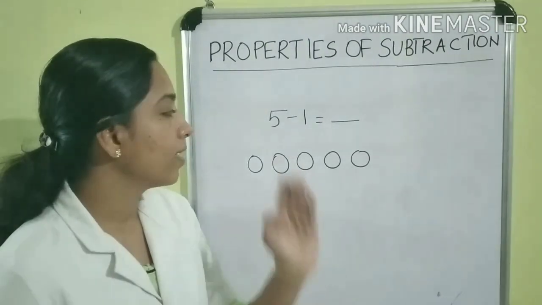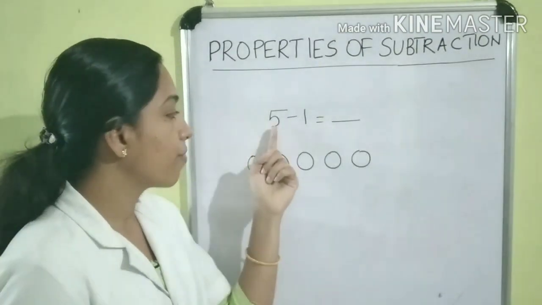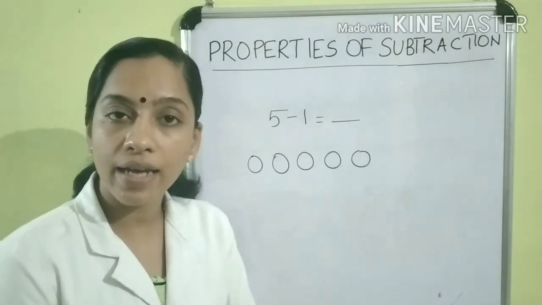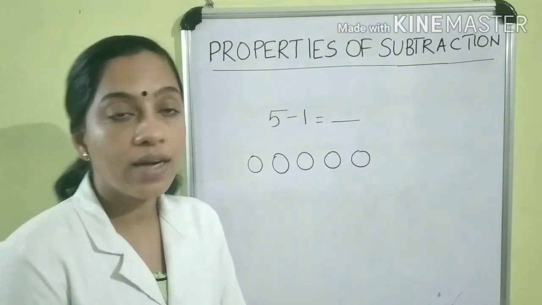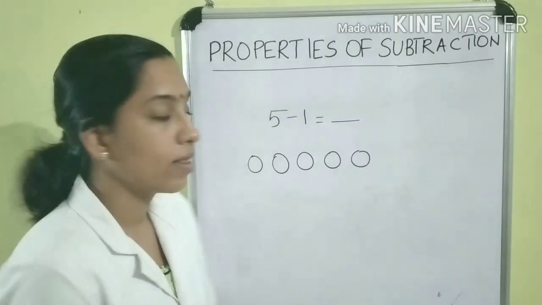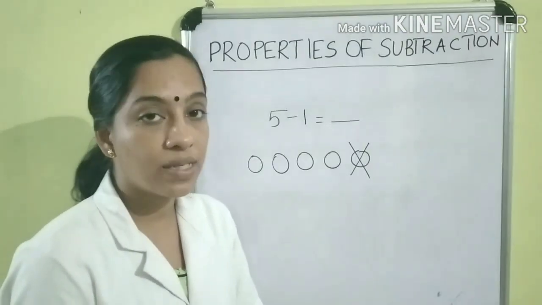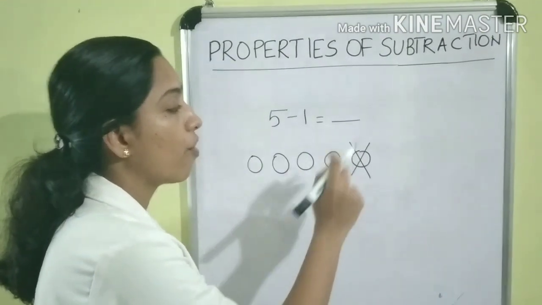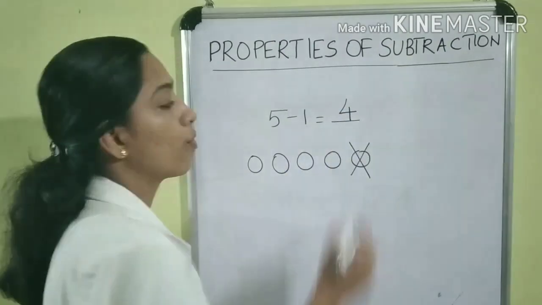Children, here we have to subtract 1 from the number 5. How can we subtract? We can cross out 1 circle from these 5 circles. That is 1. Then count how many circles are left. 1, 2, 3, 4. So we get the answer is 4.